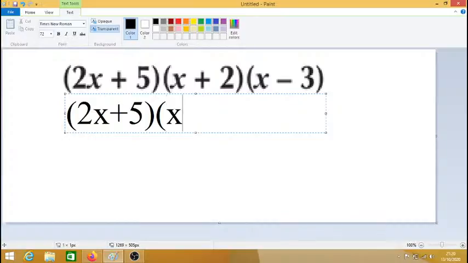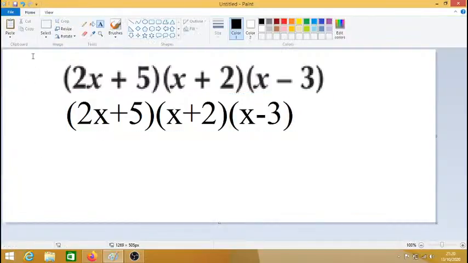So 2x plus 5, x plus 2, times x minus 3. And just have a go at expanding those three brackets, and I'll take answers in about 2 minutes.